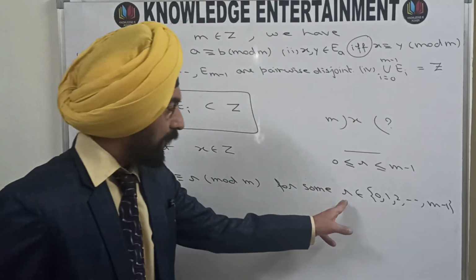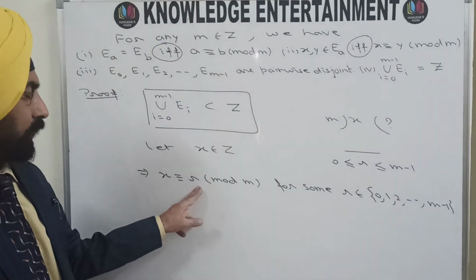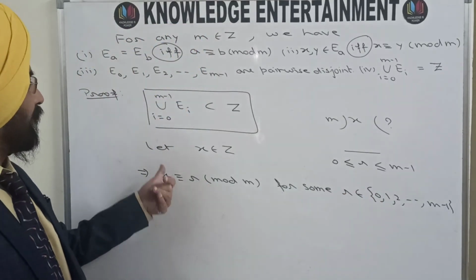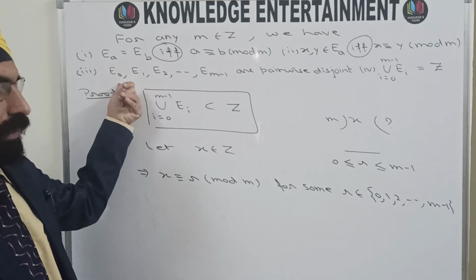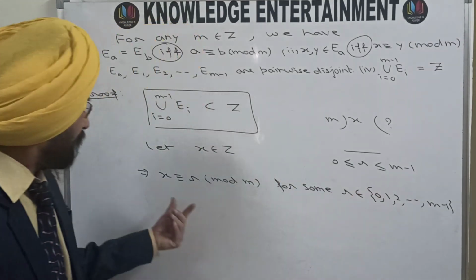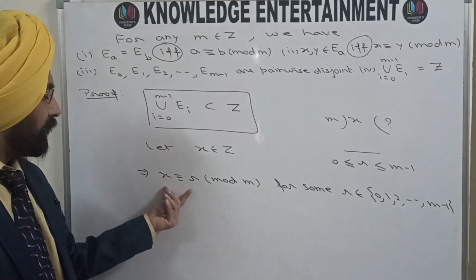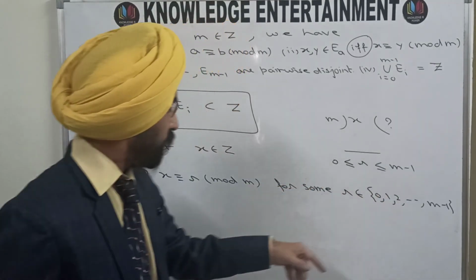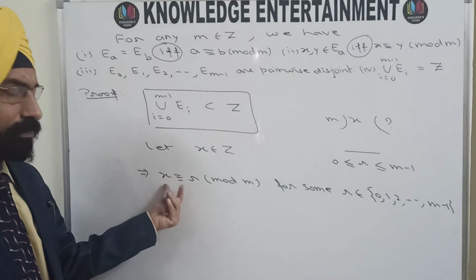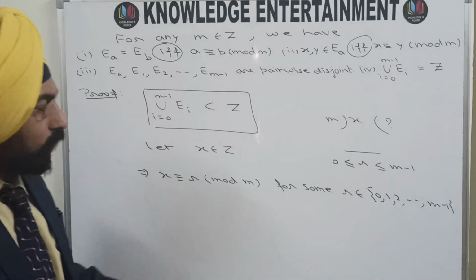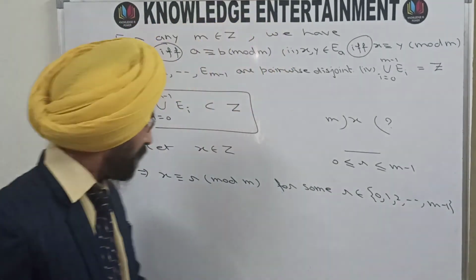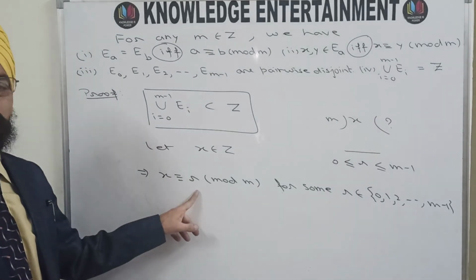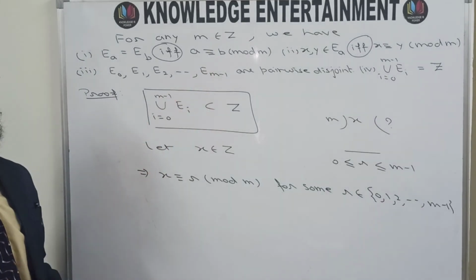Now, if your r is 0, then x is congruent to 0, meaning x belongs to E0. If your r is 1, x is congruent to 1 modulo m, that means x belongs to E1. If your r is 2, x is congruent to 2 modulo m, x belongs to E2, and so on. If your r is m minus 1, then x is congruent to m minus 1 modulo m, meaning x belongs to Em minus 1.